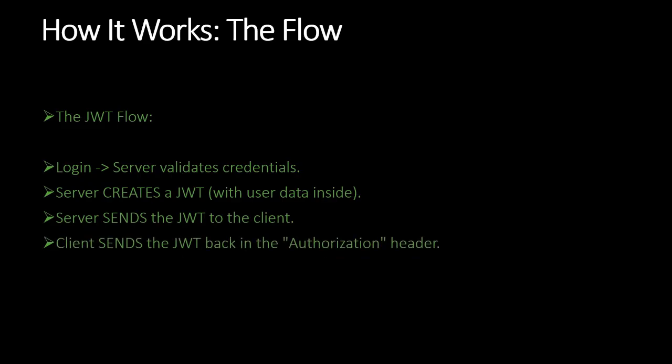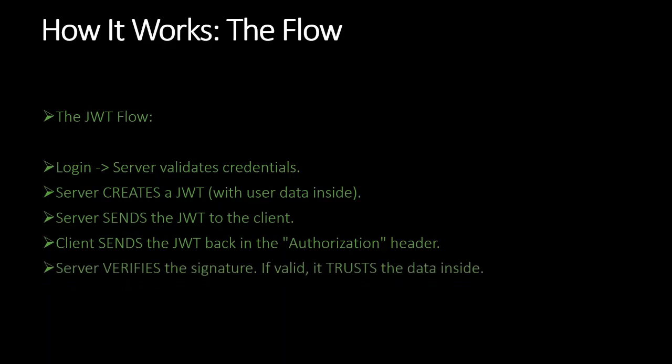From then on, you send that JSON Web Token in the authorization header of every request. The server verifies the signature, and if it checks out, it trusts the user data right there in the payload. No database lookup is required.